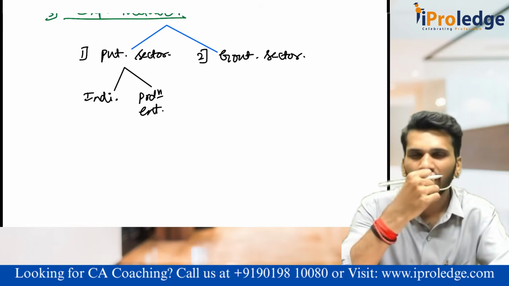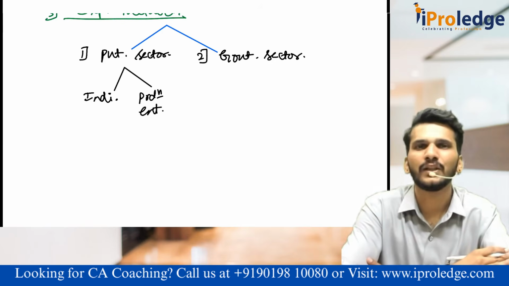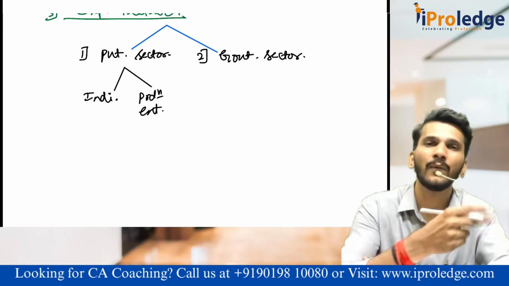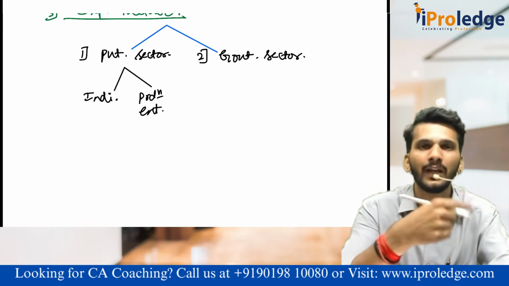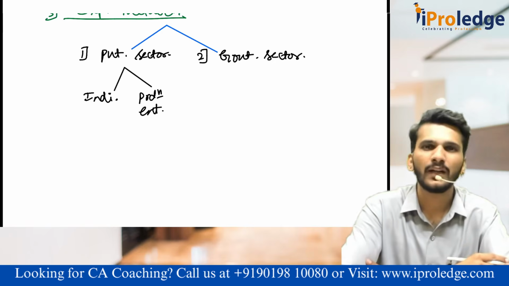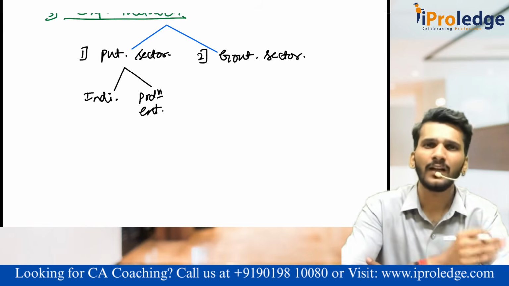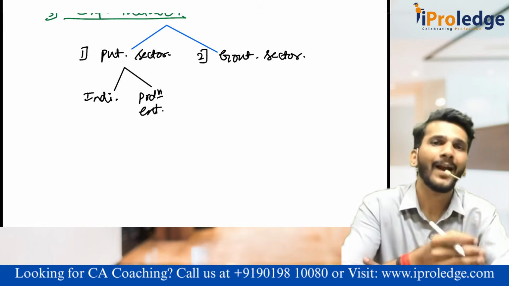Why? There is one very important concept to be understood here. For the computation of national income, we consider all economic activity and value added activities. Indirectly, we are trying to exclude non-economic activities. What is non-economic activity? Any activity which does not contribute anything back to the economy.